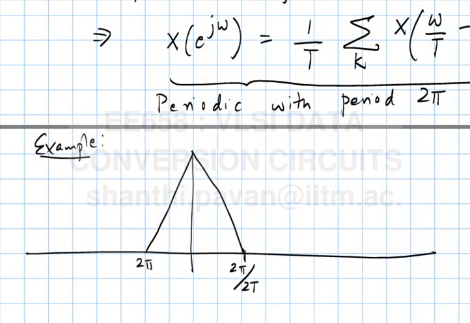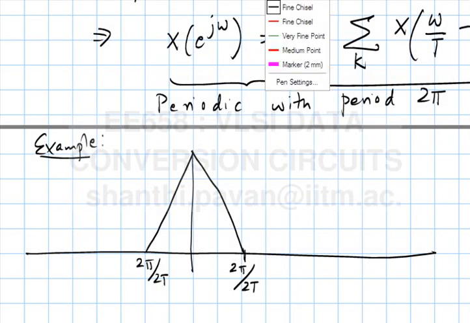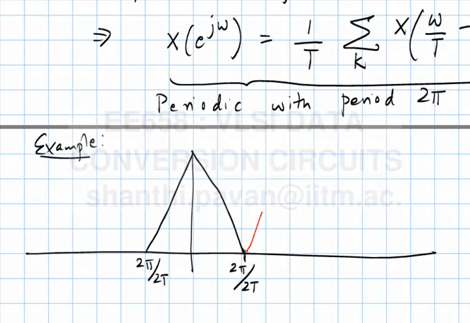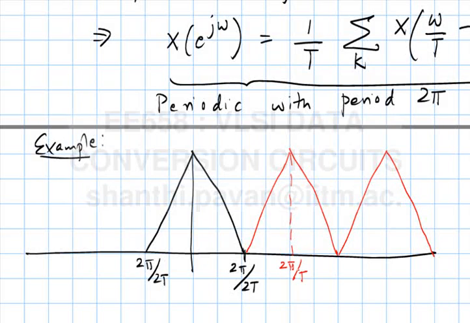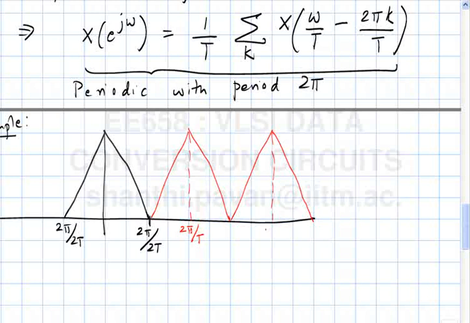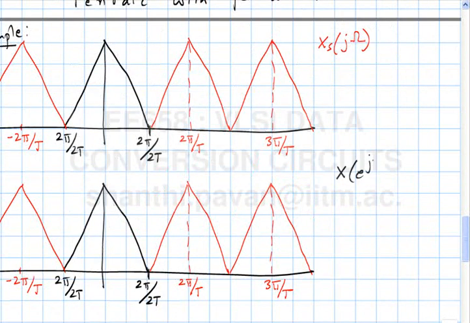If I sample this at a rate 1 over T, what will happen? The spectrum of x of t will become periodic. So you can see that the spectrum basically repeats at 2 pi by T. So if I wanted to plot X of e to the j omega, what would I do?